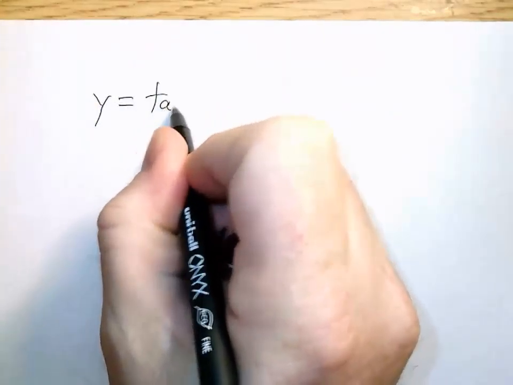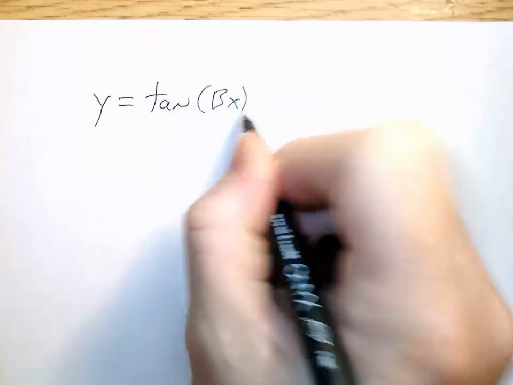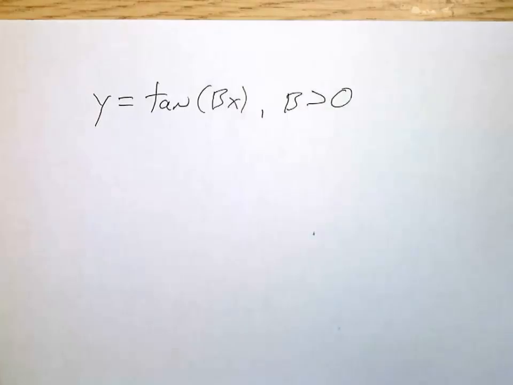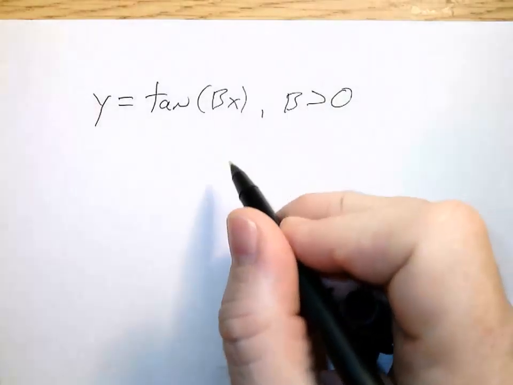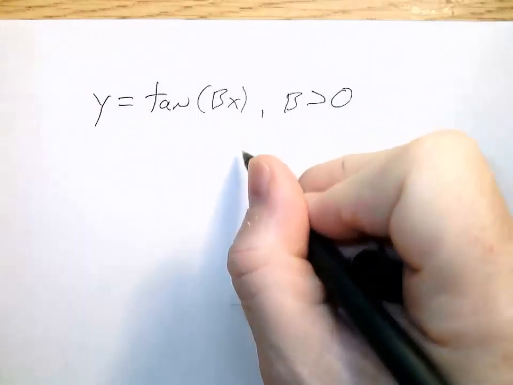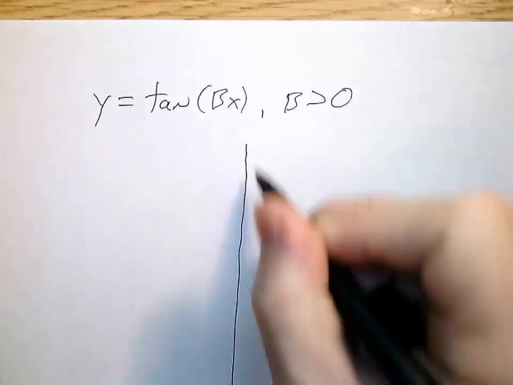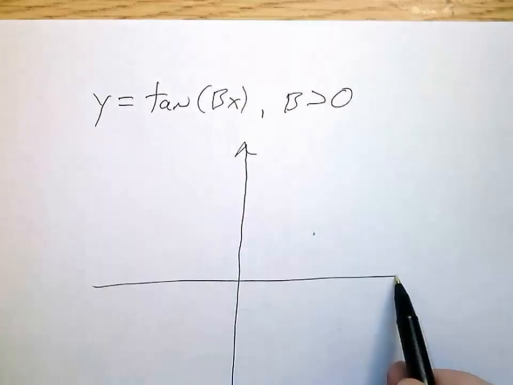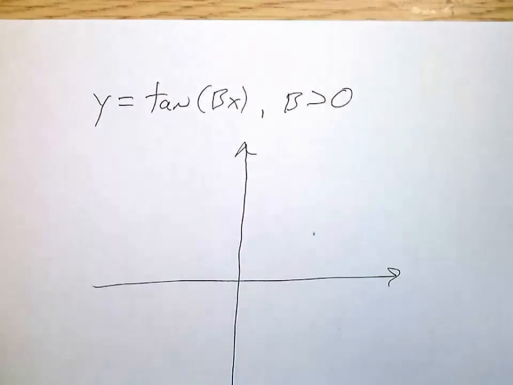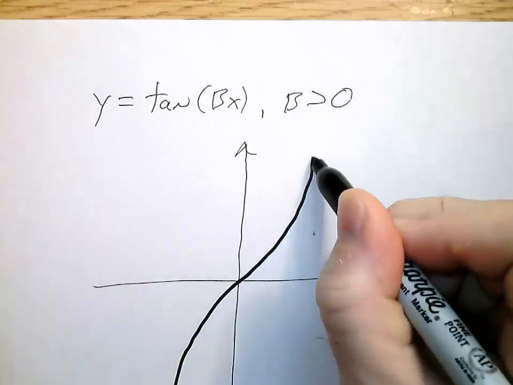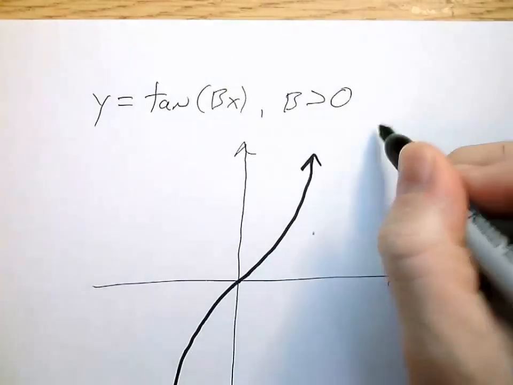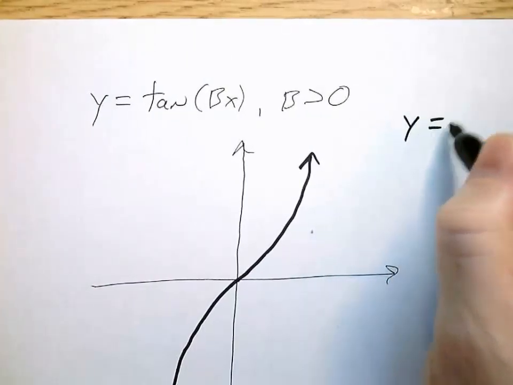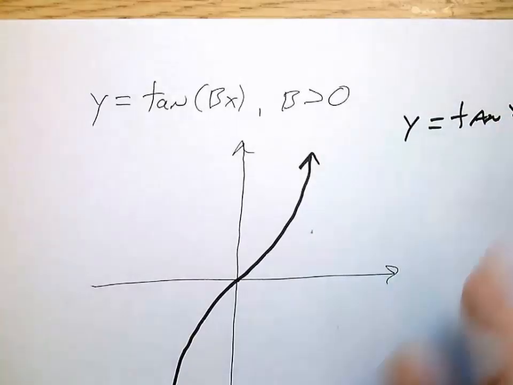Okay, so in summary, if I have y equals the tangent of bx, where b is bigger than 0, I can get its graph by graphing the tangent of x and stretching or shrinking horizontally. So you can think about what this looks like. Maybe I'll first draw my tangent function like so. So this is going to be y equals tangent of x.